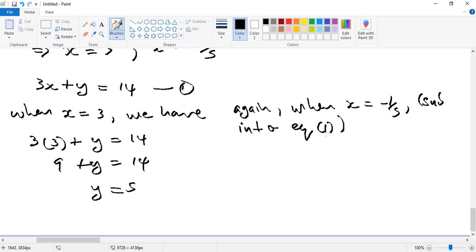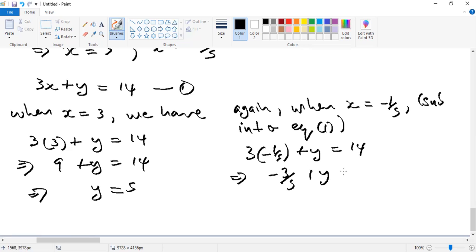So I put this in brackets. So we have 3 times minus 1 over 5, plus y equals 14. So this is just negative 3/5 plus y equal 14.